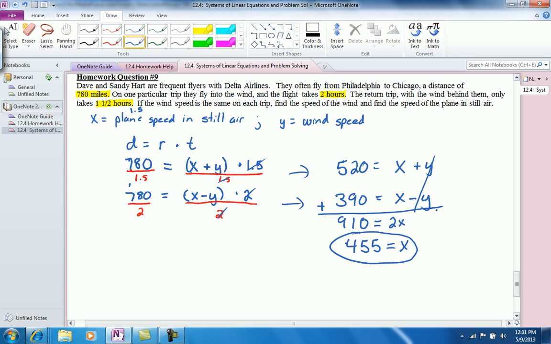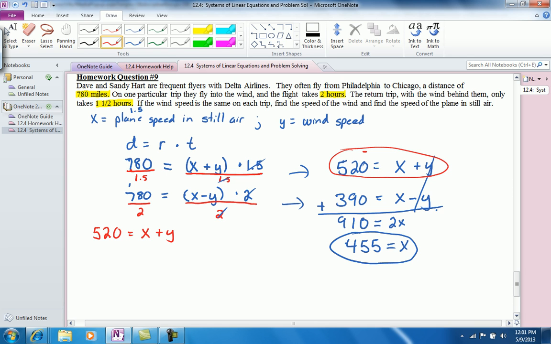If I look back to what x was, that was the plane speed in still air. Alright, so I know x. I need to find y. I can go back to any of my equations. I have 4. I have my 2 new ones and my 2 original. I'm going to go back to my easiest one, which looks to be this one. And I'm going to rewrite that down. 520 equals x plus y.